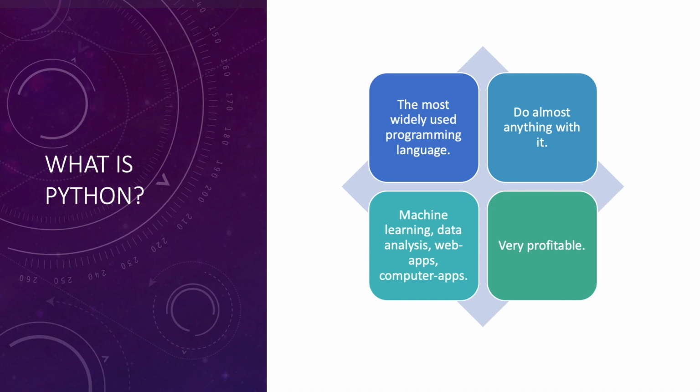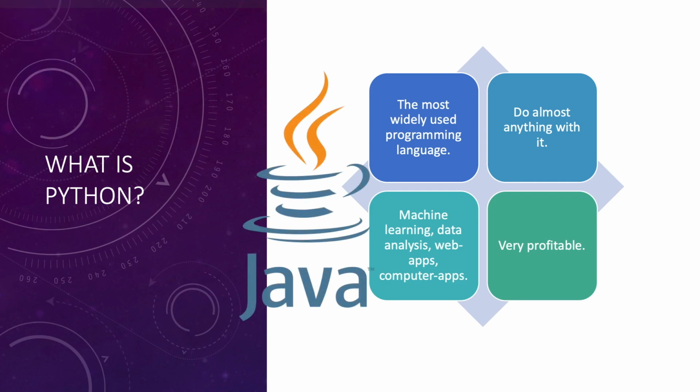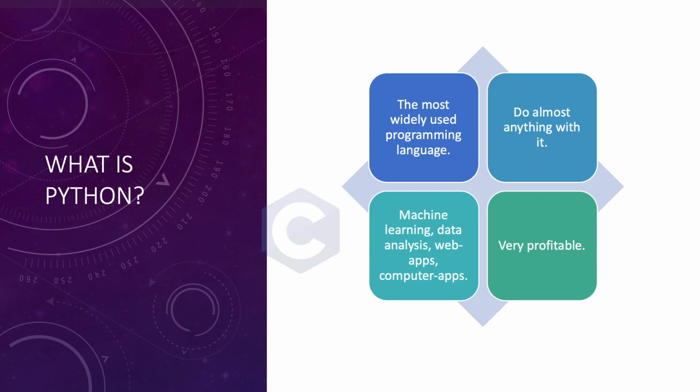There are also other languages such as JavaScript, Java, C, Swift, but nothing compares to Python, because the individual great things about each of these languages, they're there in Python, except for Swift, which is native for iOS development.